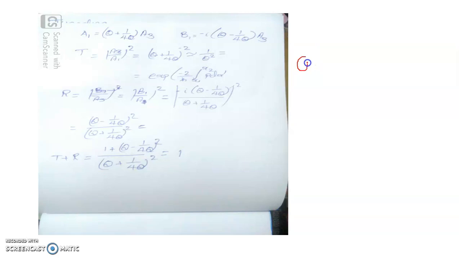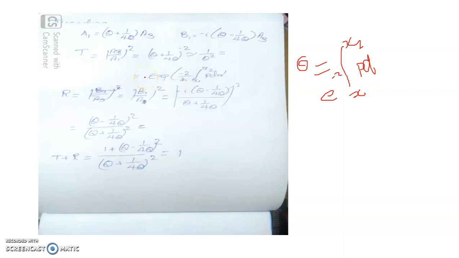And I hope you recall theta, that's equal to the exponential of integral from x1 to x2 p dx prime. So the square of this one with a minus power will have minus 2.